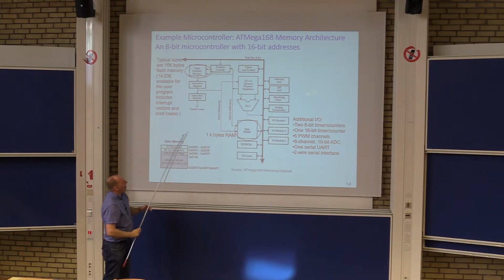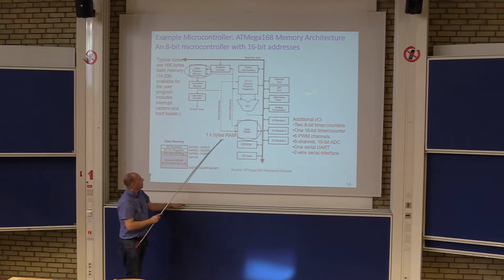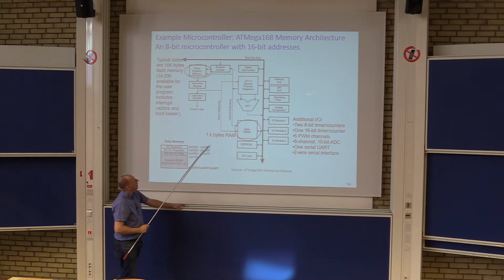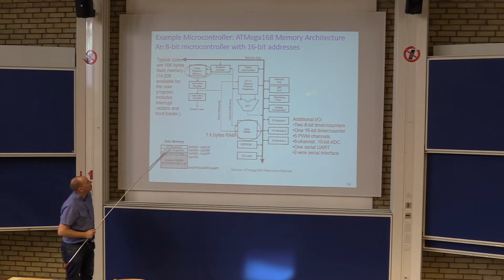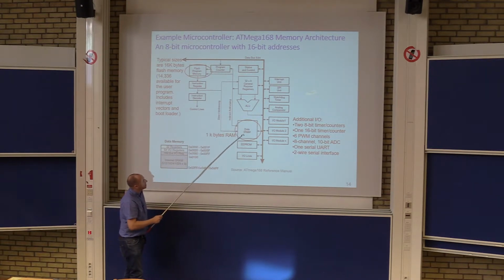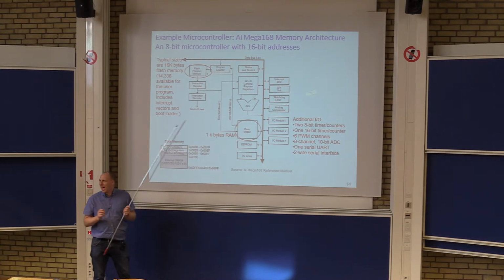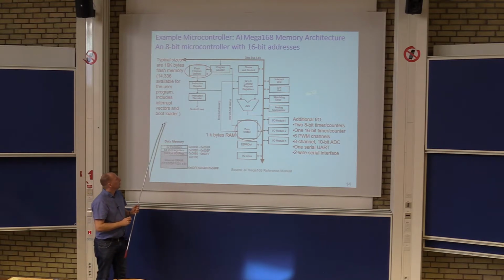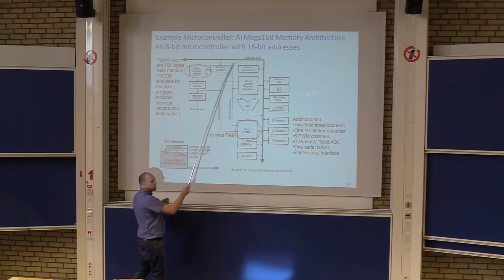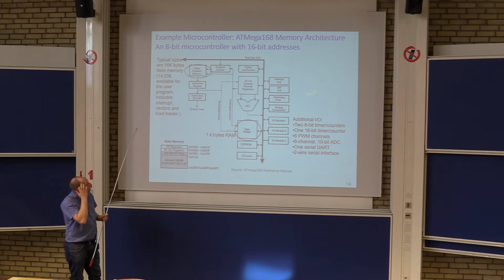But you also have the main memory, the random access memory, and in this case it's 1 kilobyte, and you can address numbers inside this RAM, and each number here will have an address, and in this case you use 16 bits to represent that address.